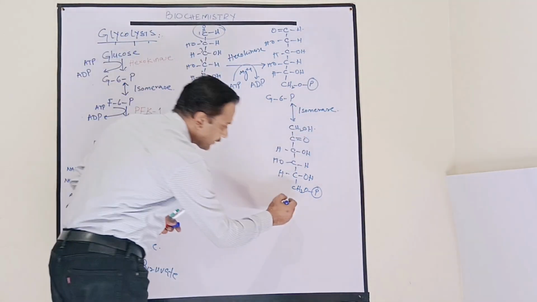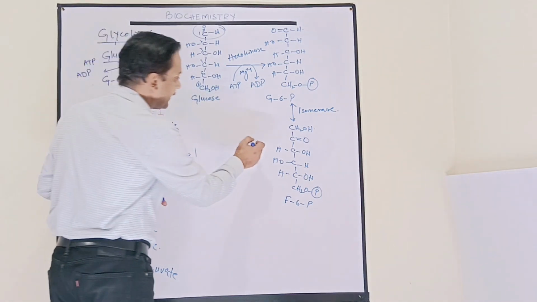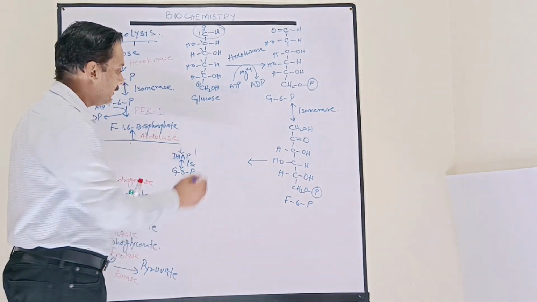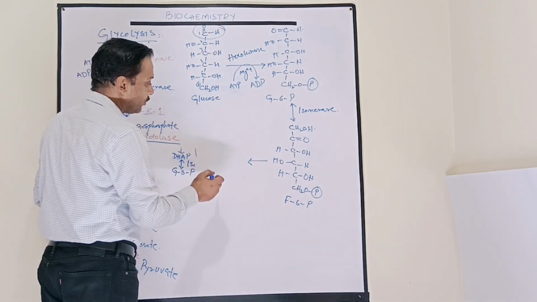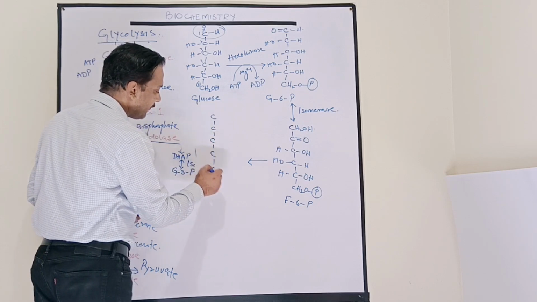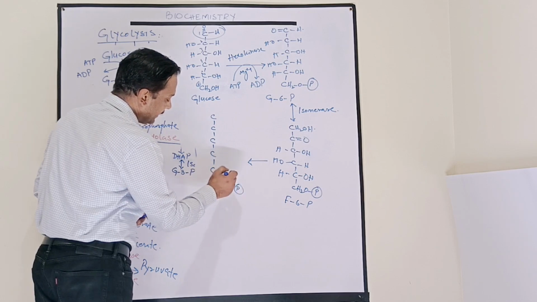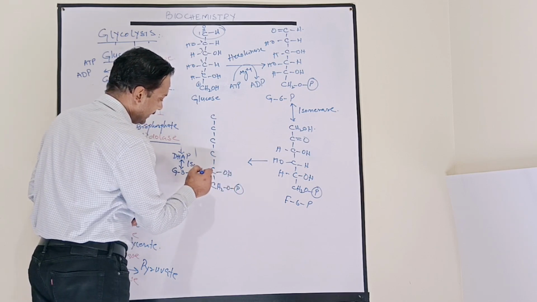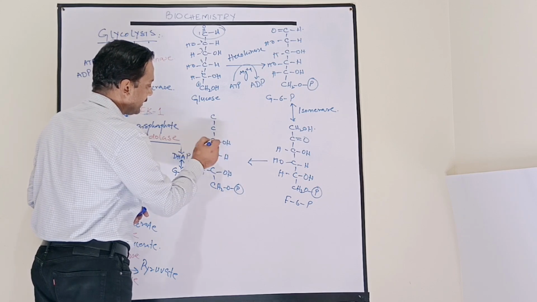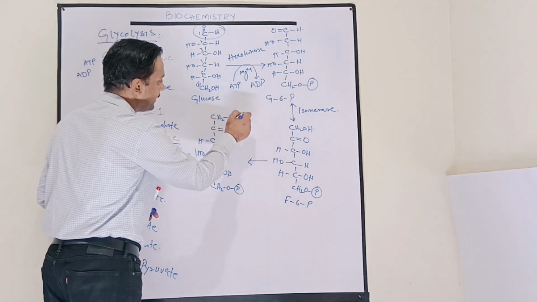Now this fructose 6 phosphate is then converted into fructose 1,6 bisphosphate: 1, 2, 3, 4, 5, and 6, CH2OP, OH, H, H, OH, OH, H, double bond O, CH2OP.